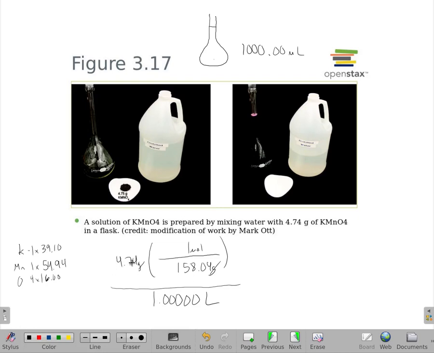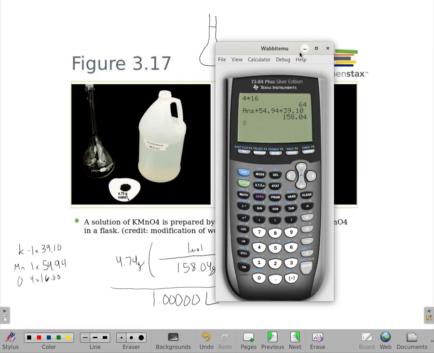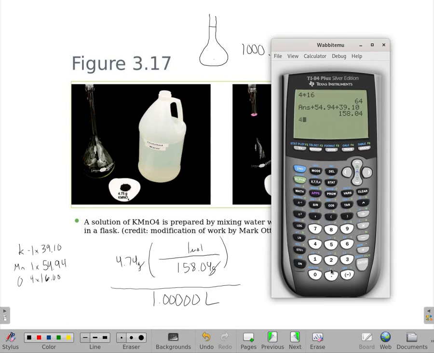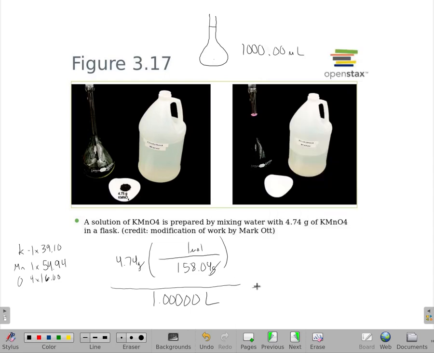Basically, we're going to get 3 significant figures from the mass, is how that translates. So 4.74 divided by our molecular weight, and then roughly divided by 1. This has a molarity of 0.0300.